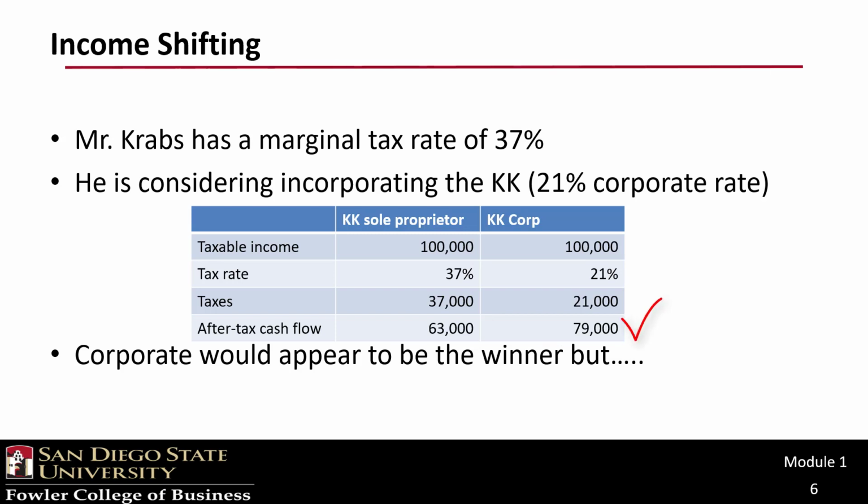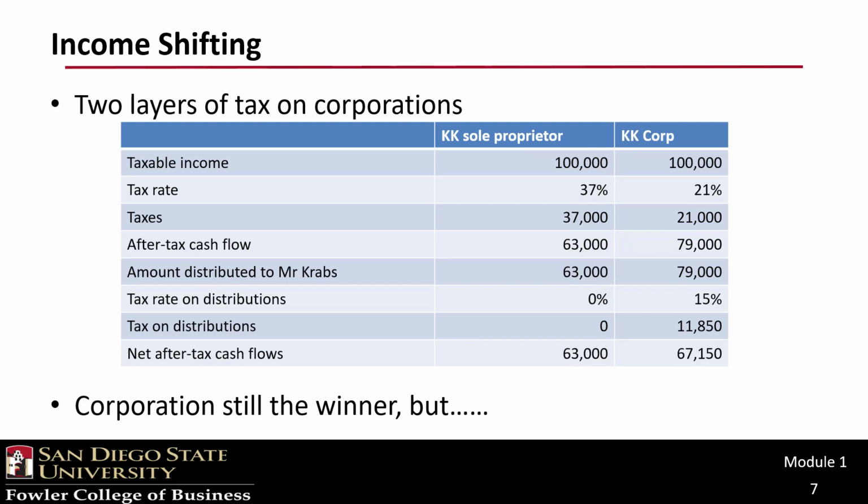And so it would appear that corporations are going to be the winner here, but there are two layers of tax on a corporation, one at the corporate level and then a second one on the distributions of earnings and profits to that corporation's owners. So again, we can look at these two examples.